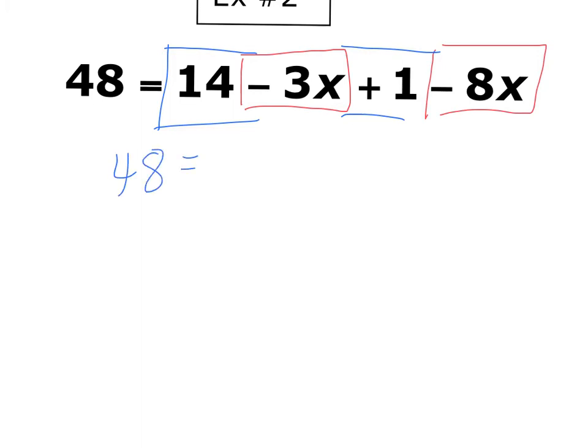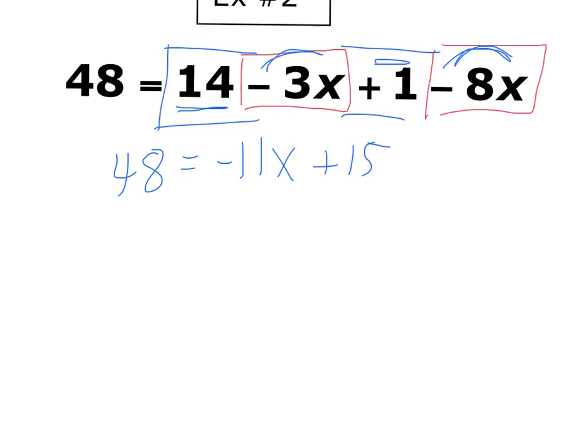If you have negative 3x and you subtract 8 more x's, take negative 3 minus 8 on your calculator, that would give you negative 11 x's. And then if you look at your 14 and you add 1, that gives you 15. So we're just combining everything that we know.